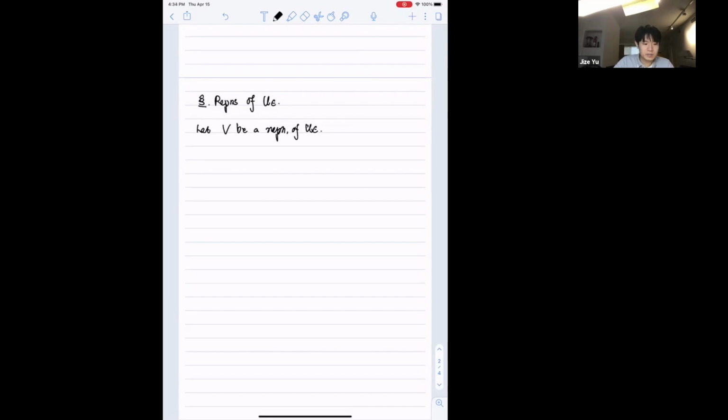So we have seen in Ivan's talk that E_i to the power of L and F_i to the power of L equal 0. And moreover, this K_i to the power of L is central in U_epsilon. And we have K_i to the power of 2L equals 1.